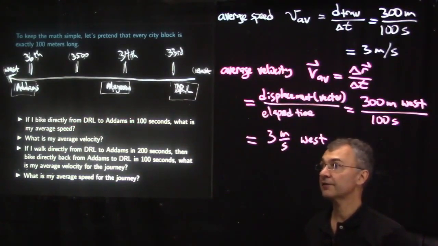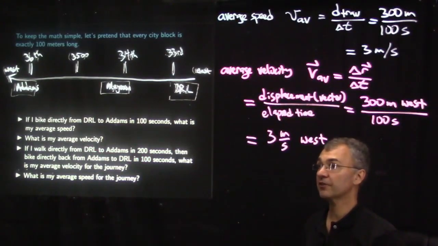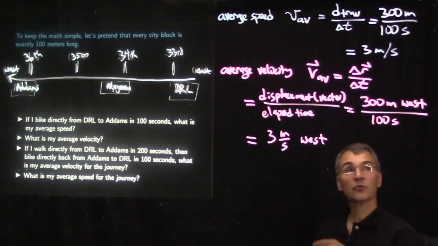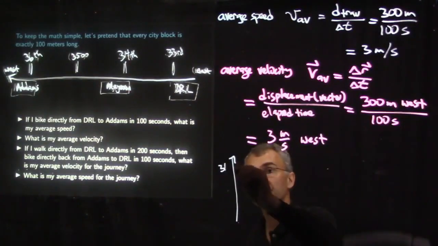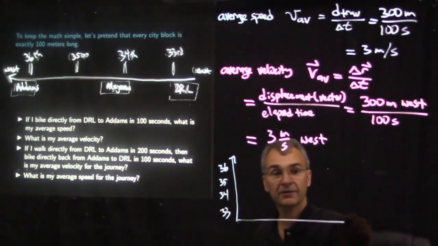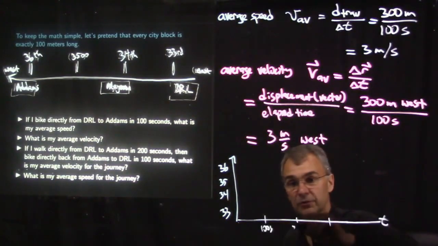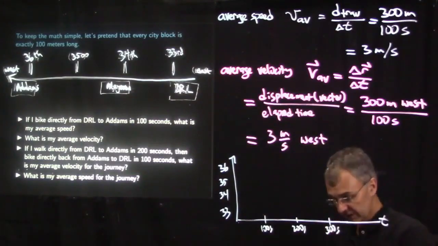Now, if I walk directly from DRL to Addams in 200 seconds, instead of biking, and then I bike directly back to DRL in 100 seconds, well, this is almost worth making a graph of. Here's x, and then here's time. So here's 100 seconds, 200 seconds, 300 seconds. So what am I doing?